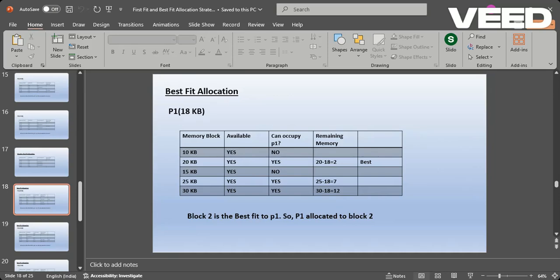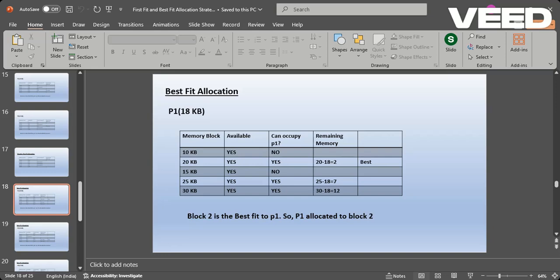Here, for allocating the P1 process, the size is 18 KB. From 10 KB onwards, we check: 10 KB is not enough to occupy P1. The next space, 20 KB, is enough to store P1. The memory wastage is 20 minus 18 equal to 2.